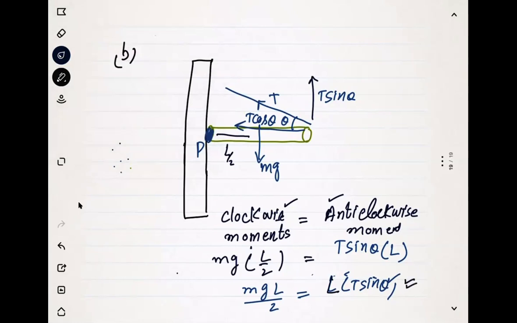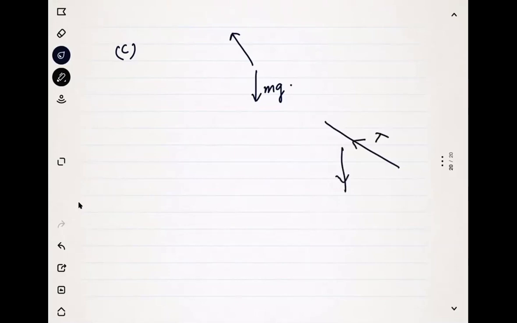Now the next question is why we need a third force, the C part. You see, T and mg are in different directions. If they are the only forces, then they can never be in equilibrium or balanced, because two forces in different directions can never be balanced. If you look carefully, T is here and mg is vertical.